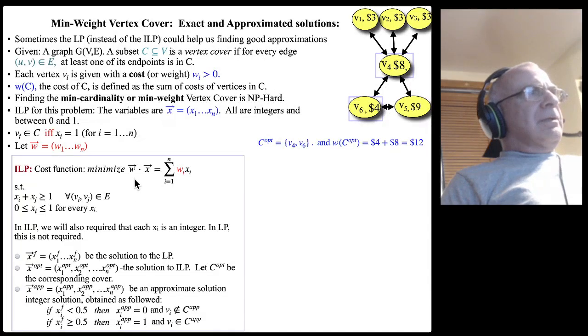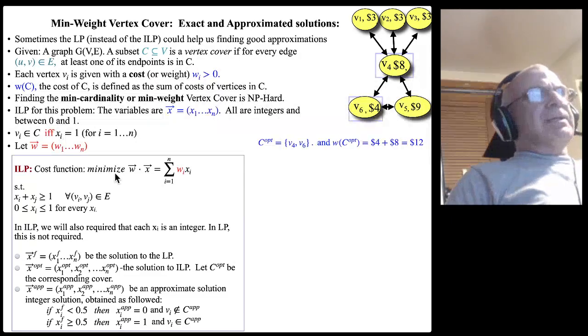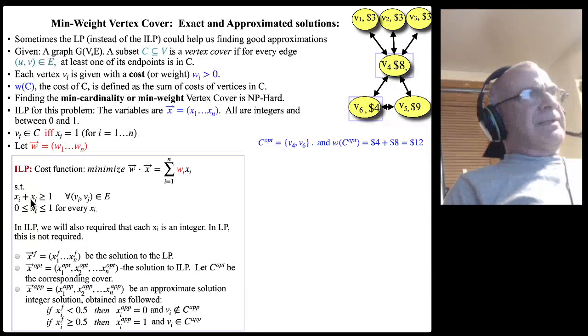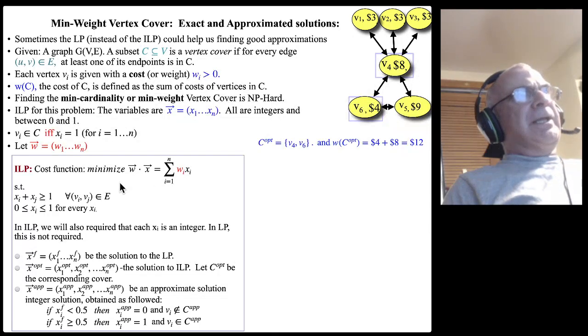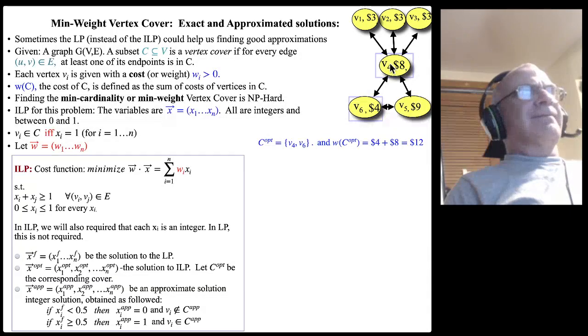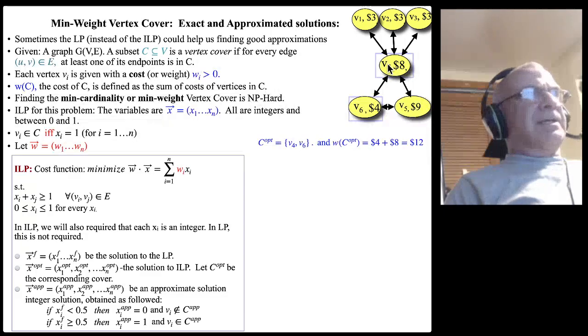Now, of course, we would like to find values of xi's, 0 and 1, such that the sum is as small as possible, such that, and now I'm going to express how my set of vertices needs to be a cover. Namely, for each one of the edges in the graph, say v1, v4, I'll claim that xi plus xj, x1 plus x4, must be larger or equal to 1.